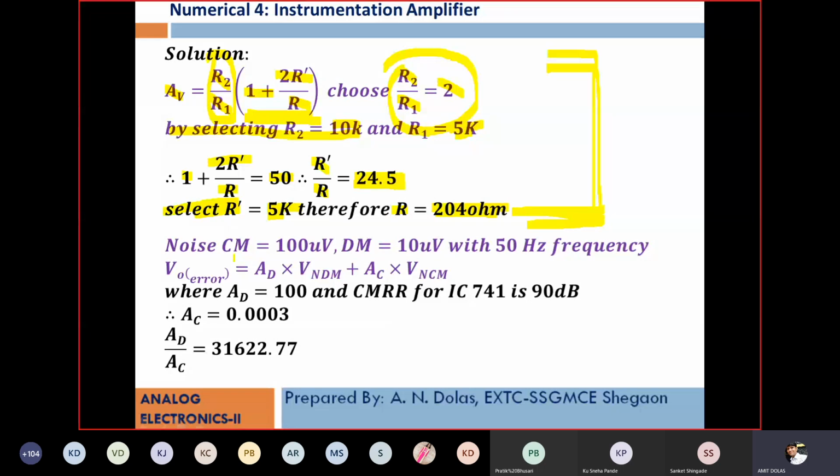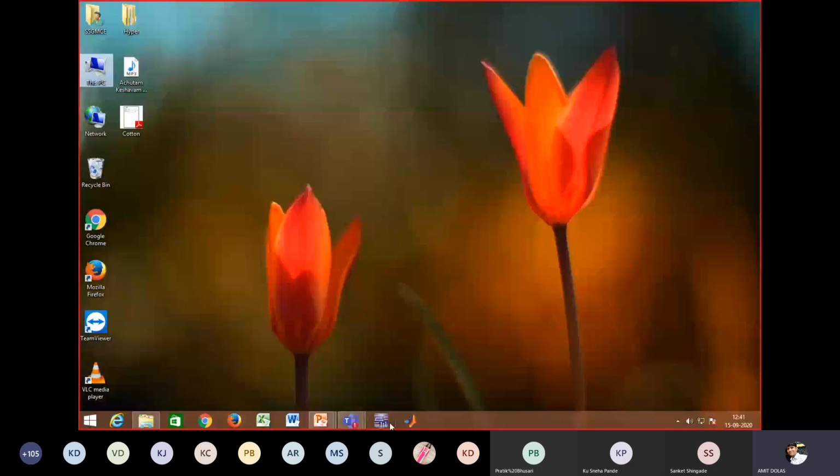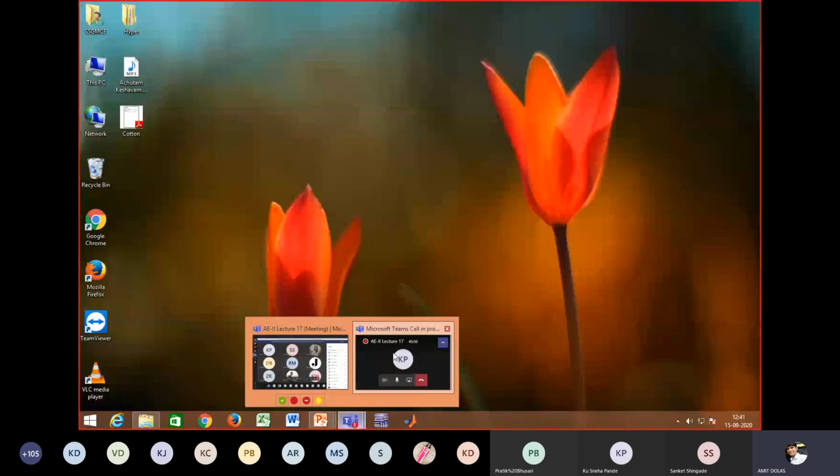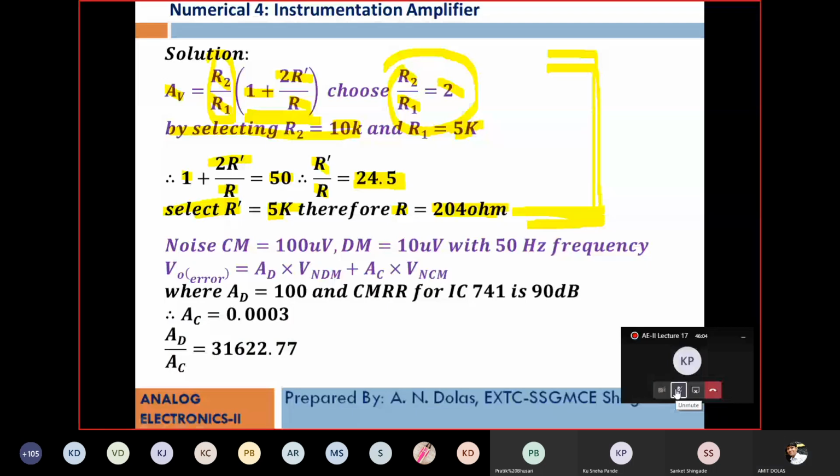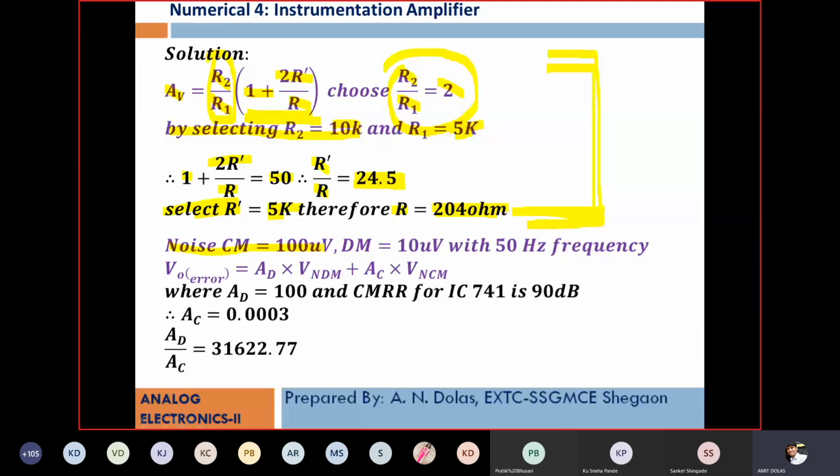Accordingly we will go for calculating errors. So the common mode noise is 100 microvolt. Differential mode noise is 10 microvolt. It is given with 50 hertz frequency.